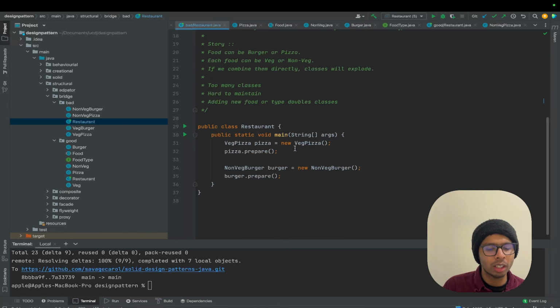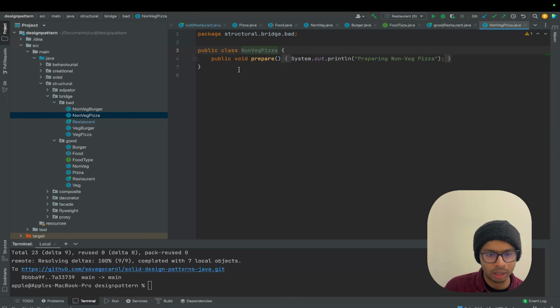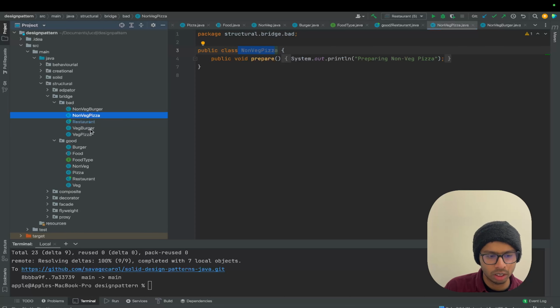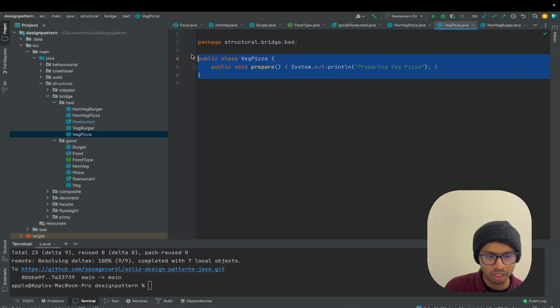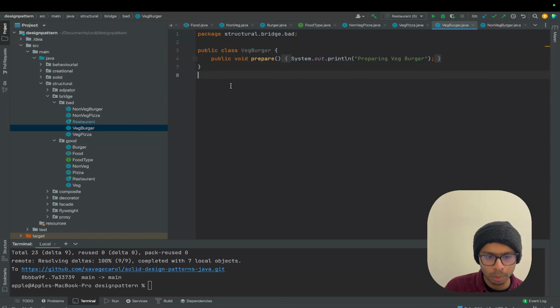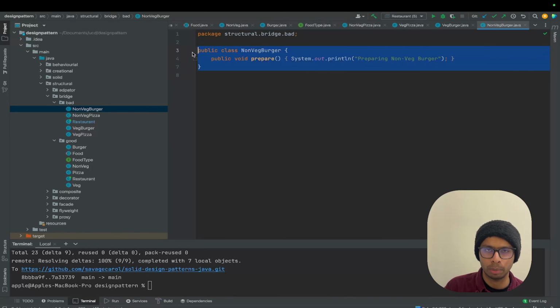Suppose I want to make a pizza. It is not a normal pizza, we have to make a veg pizza. So we have this non-veg pizza preparation, this veg pizza preparation, this veg burger preparation and non-veg burger preparation.